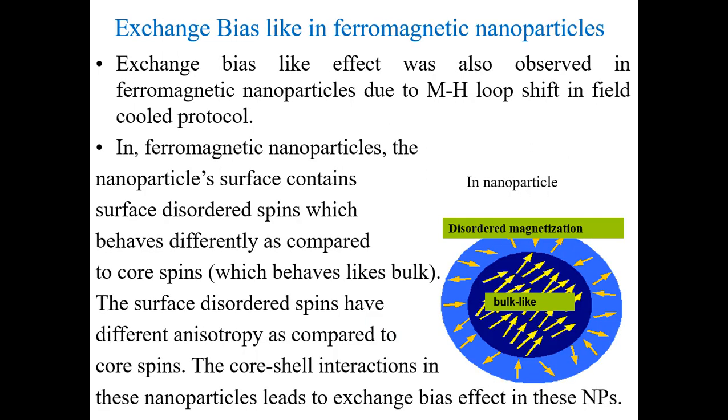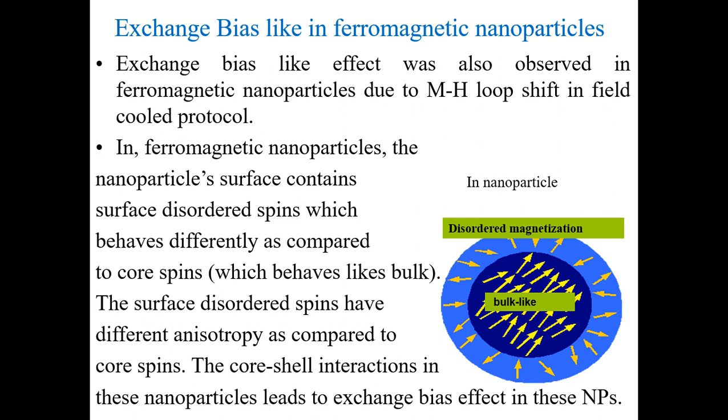So an exchange bias like effect was also observed in ferromagnetic nanoparticles due to the MH loop shift observed usually in the field cooled protocol. However, the phenomenon is not similar to that in ferromagnetic and antiferromagnetic thin films.